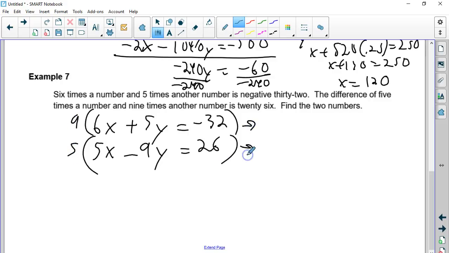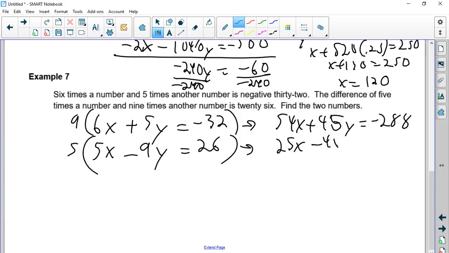So now I multiply. 9 times 6 is 54x plus 9 times 5 is 45y equals negative 32 times 9 is negative 288. Now 5 times 5 is 25x.